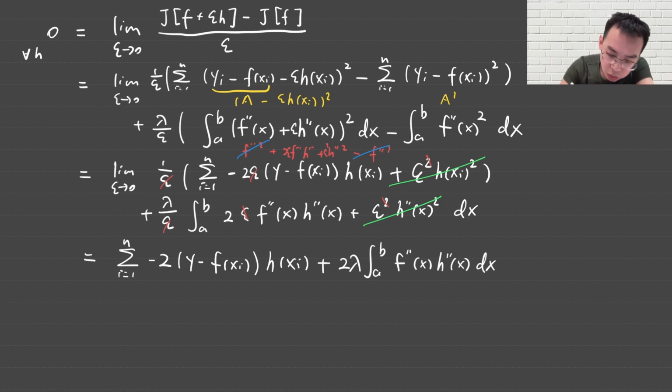So that thing equals 0. Okay, so this equation is already simplified, and let's see what we do next.